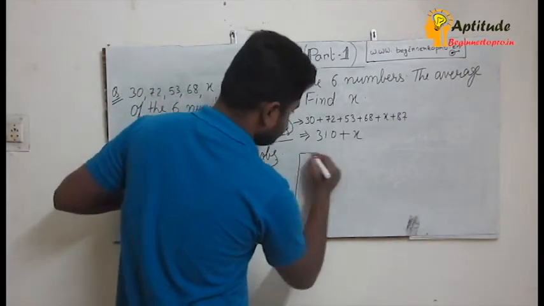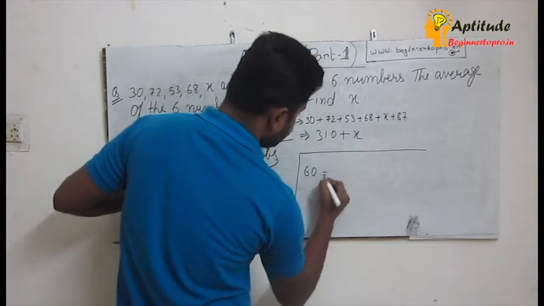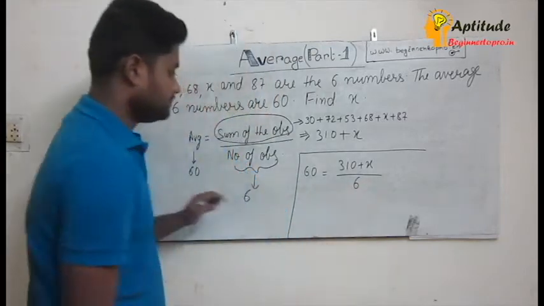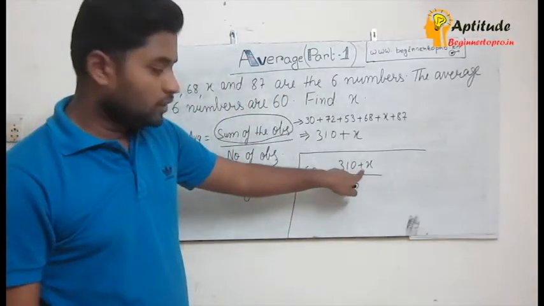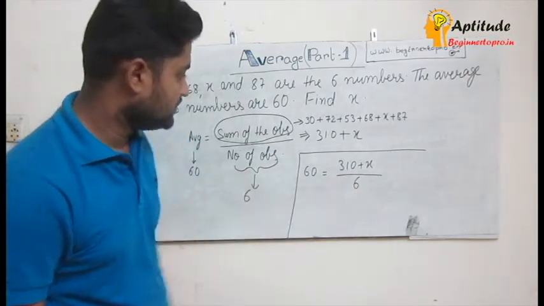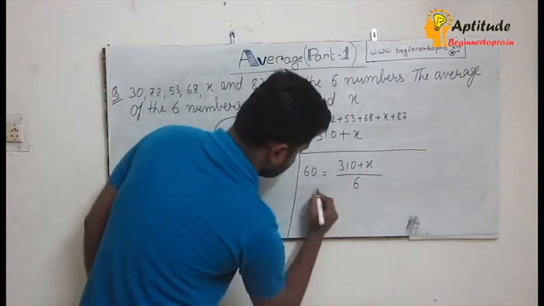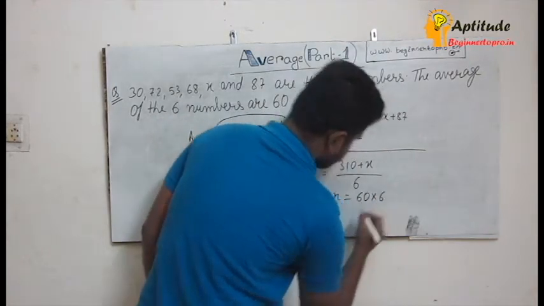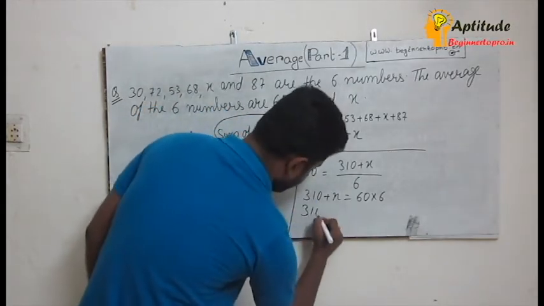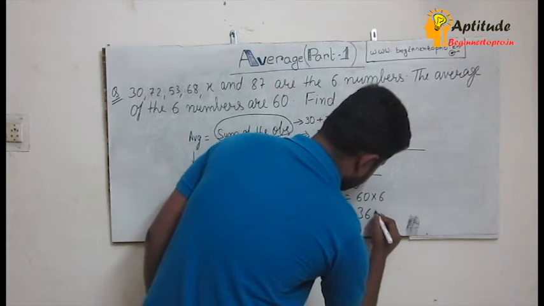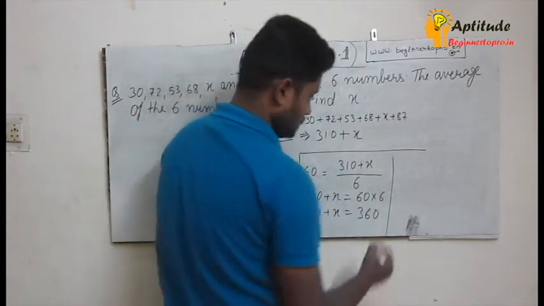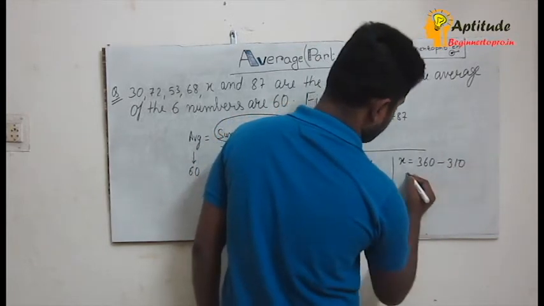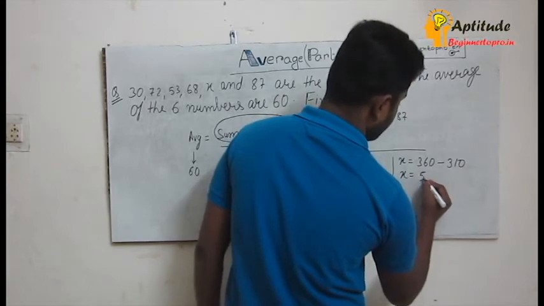So we can write 60 equals 310 plus x upon 6. Now we can write 310 plus x equals 60 into 6. So 310 plus x equals 360. So x will be 360 minus 310, so x will be 50.